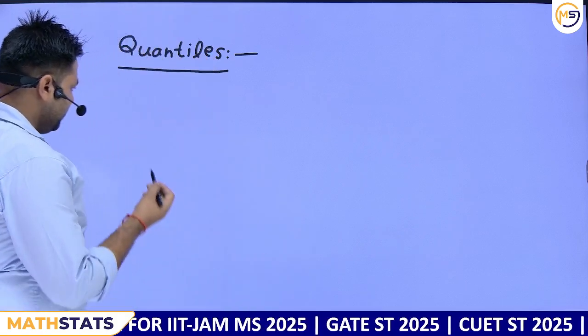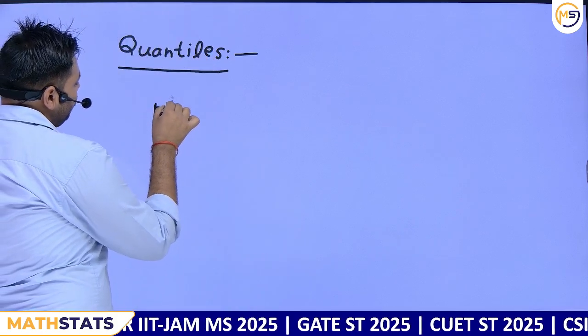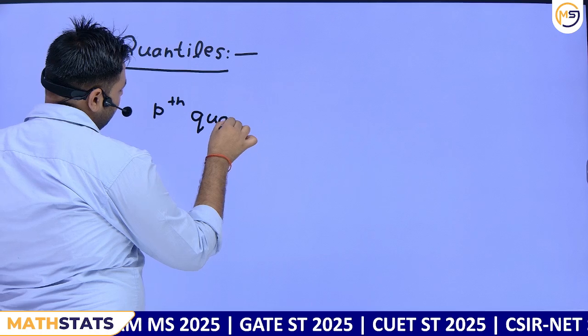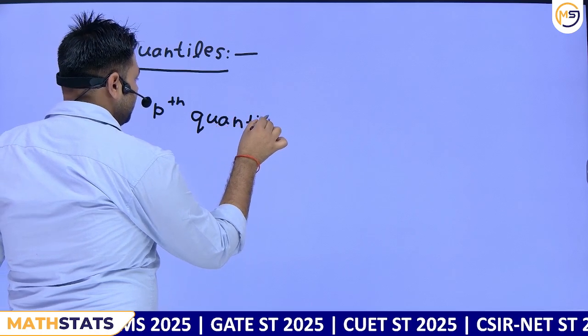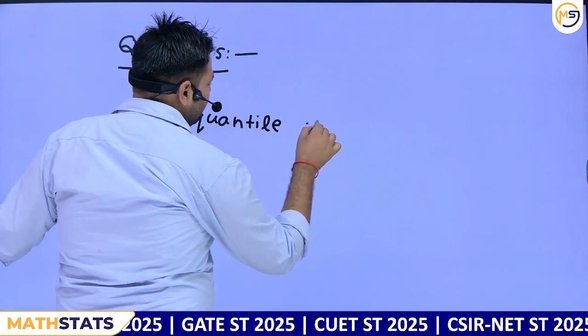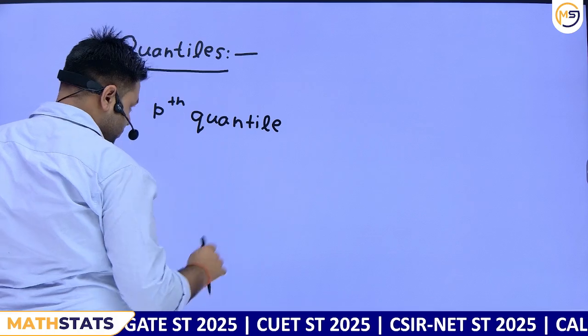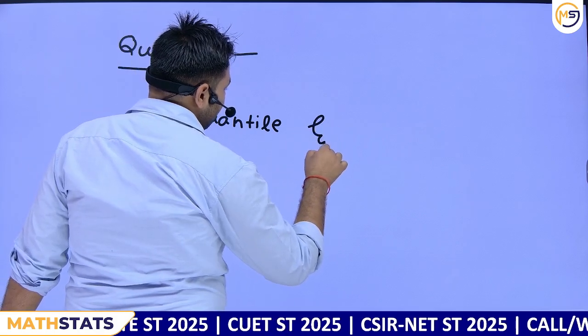Suppose your pth quantile is denoted by xi of p.